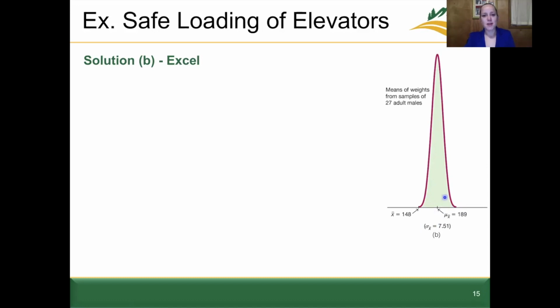Okay, so we've checked off a couple things so far. We have our mean in place in the middle of this curve, of this distribution. We also know it's a thinner distribution because it has a smaller standard deviation value compared to the population as a whole. So we have the shape of the curve, we have our mean, we have our standard deviation. Now, this is the tricky part for the central limit theorem.